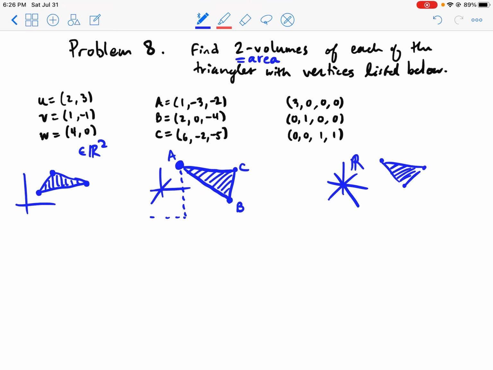Even though it sits inside of R4, it's still 2-dimensional, and we can find its 2-dimensional area. Okay, and how do we do that?